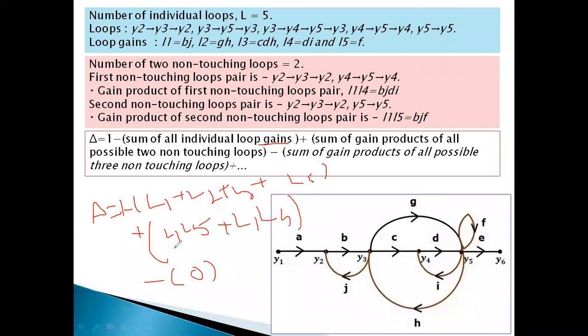Like that we have to substitute. Once we identify the individual loops and two and three non-touching loops, we can directly substitute to find delta.